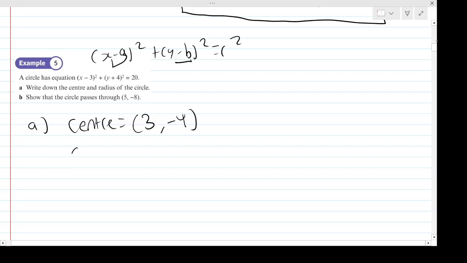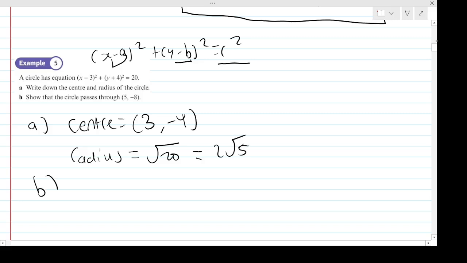Then the radius, well, we have equal to 20, but here it's r squared. So 20 is the radius squared, so to get to the radius, we need to root 20. That actually simplifies to, I believe, 2 root 5. Yes, 2 root 5. There we are, so that's part A.